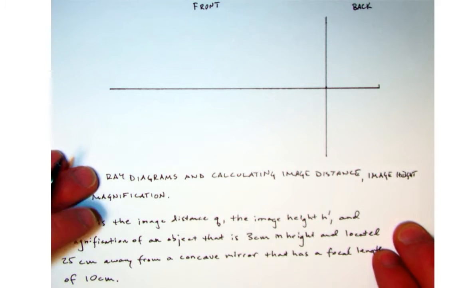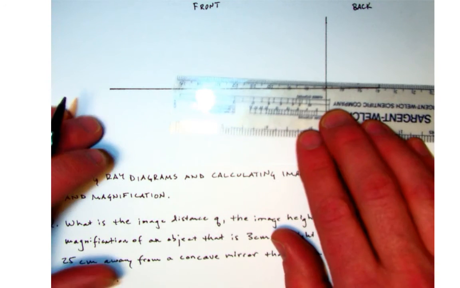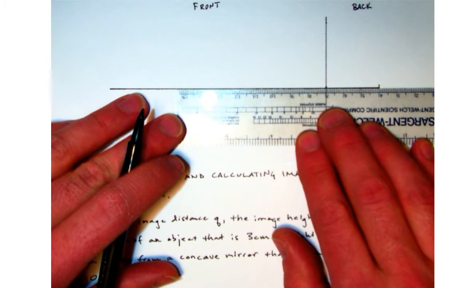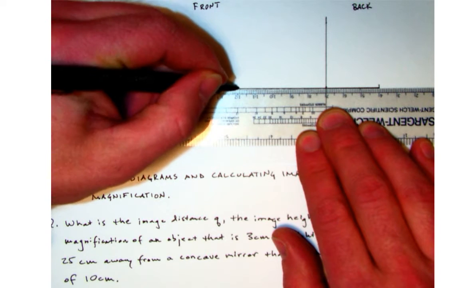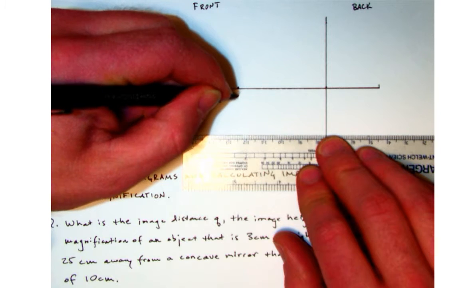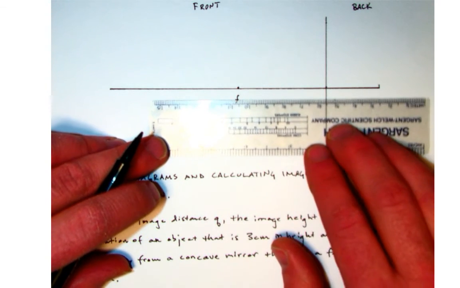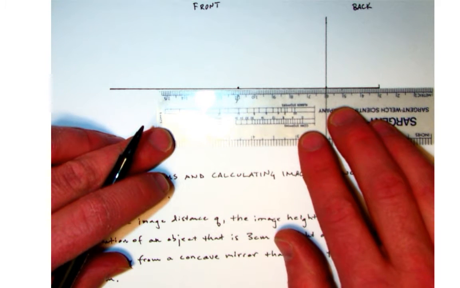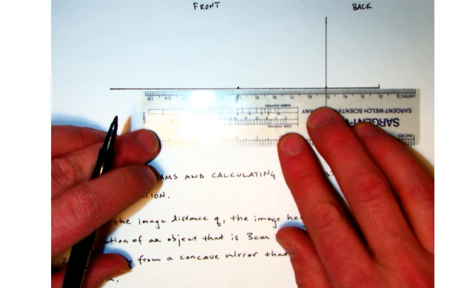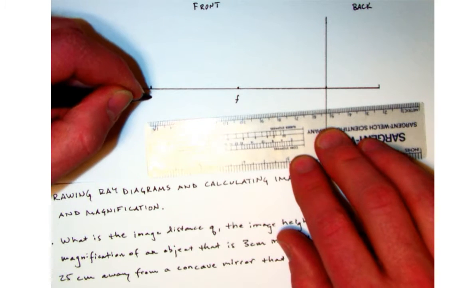So again, I'm cutting all my distances in half, and I'm going to mark this right here as my focal point, F. And I know that the center of curvature is 2 times the focal point, so I'm going to mark that right here. This is C, the center of curvature.